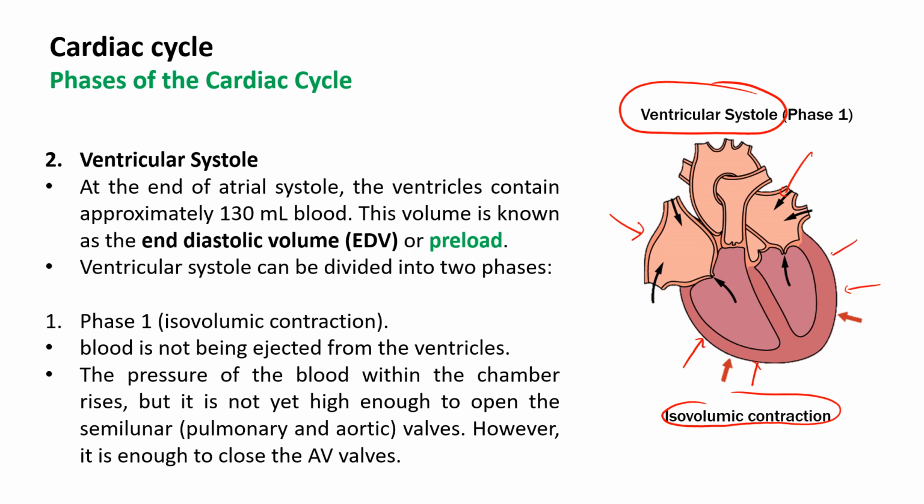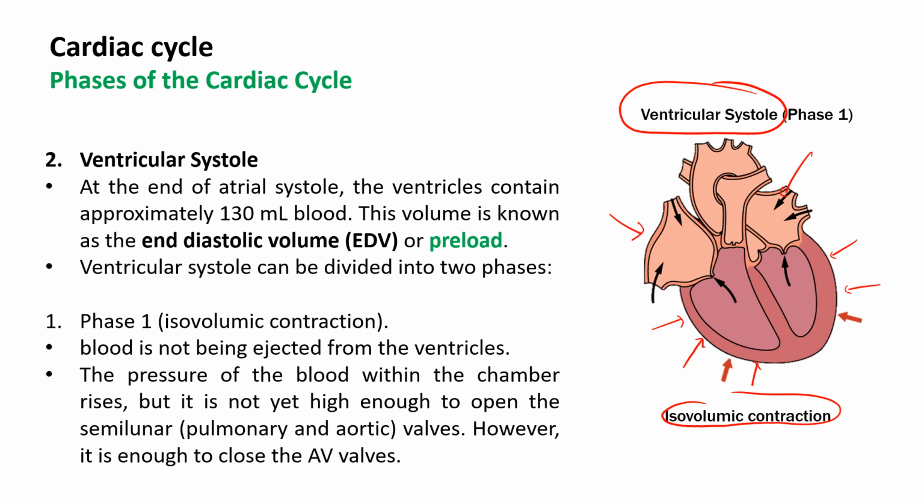This contraction generates enough pressure to close the tricuspid and mitral valves, but the pressure has not reached the point required to open the pulmonary and aortic valves. So in other words, you can see here that everything is closed. So basically there's no blood flow yet.